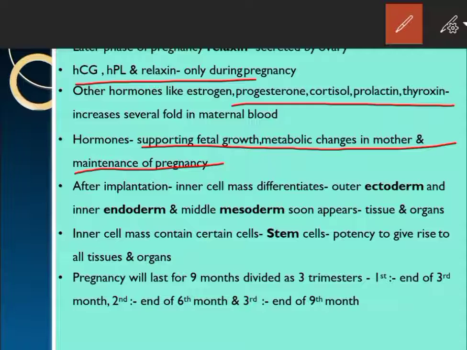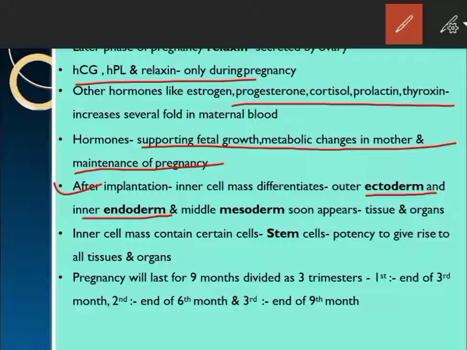Now, immediately after the implantation, the inner cell mass differentiates into an outer layer called the ectoderm and an inner layer called endoderm.